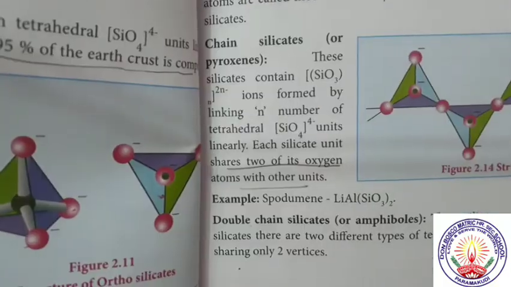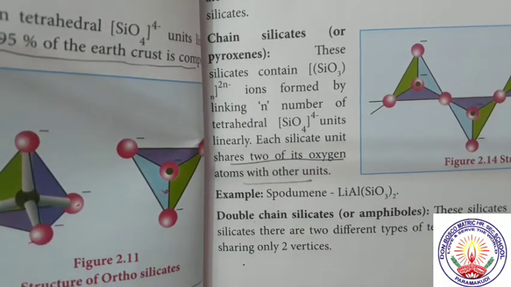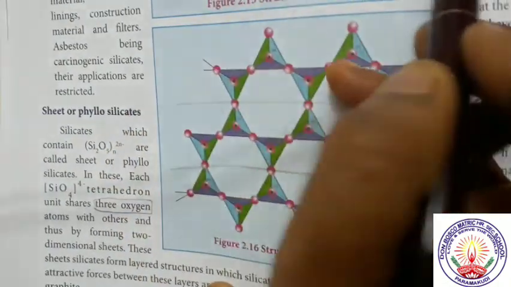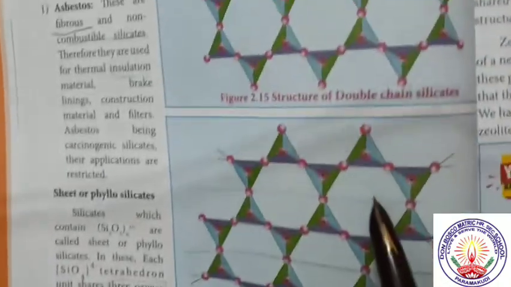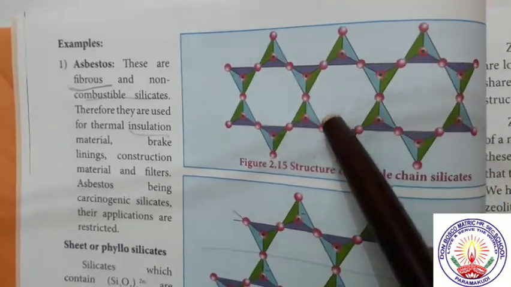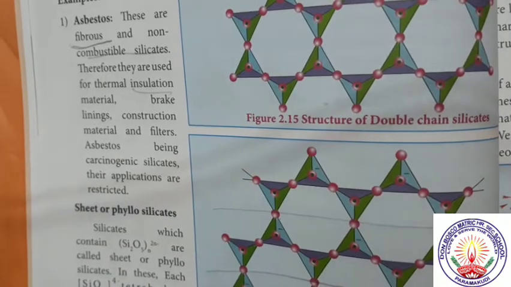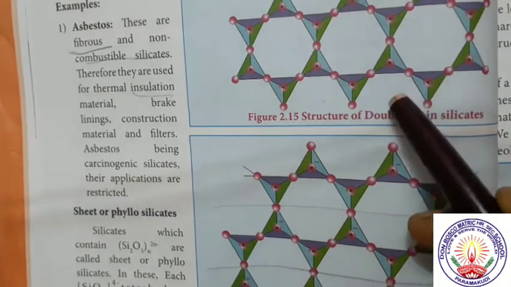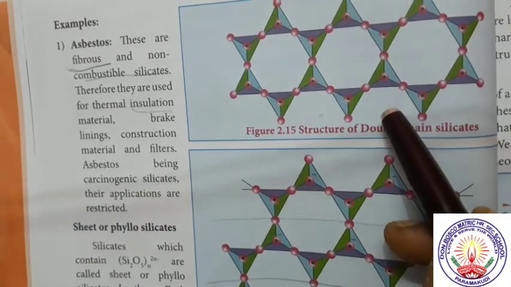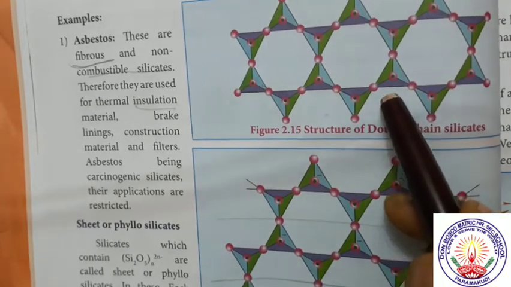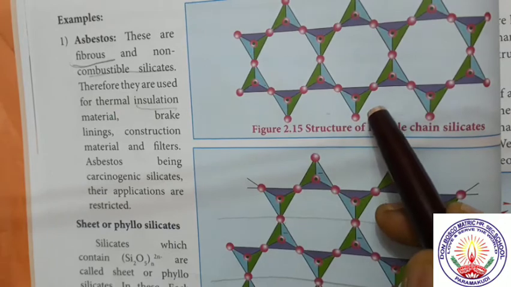Next we shall see double chain silicates. See, this is one layer, this is another layer. These are fibrous or non-combustible silicates. This is not burning, not combustible, therefore these are used as thermal insulation.